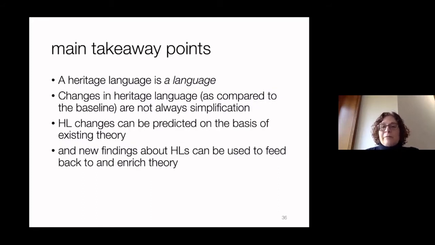And so if that's the case, then, you know, it's natural to say that a heritage language is a language. These changes that we see are not always cases of simplification, and we can actually predict the changes on the basis of theory and then use these results to feed back into our theoretical work.